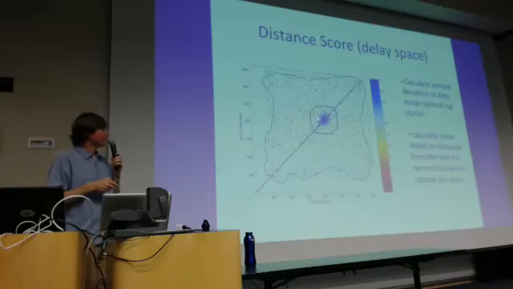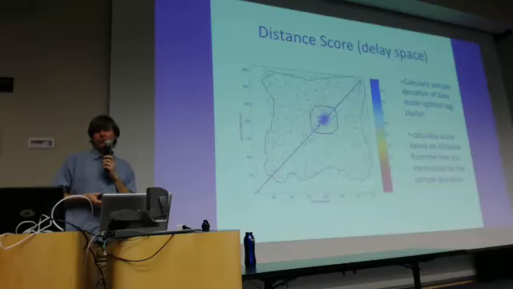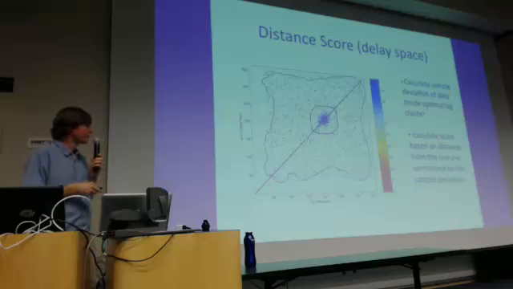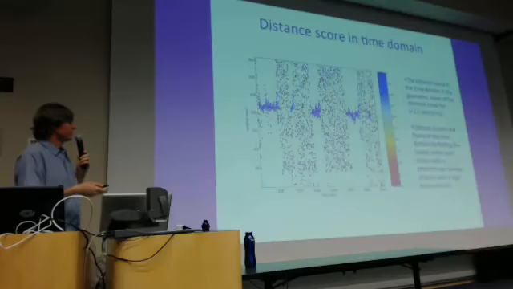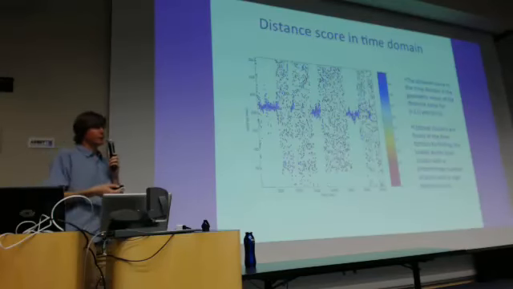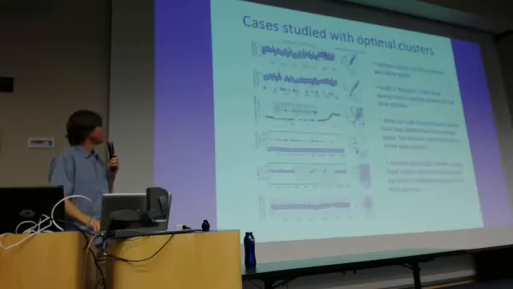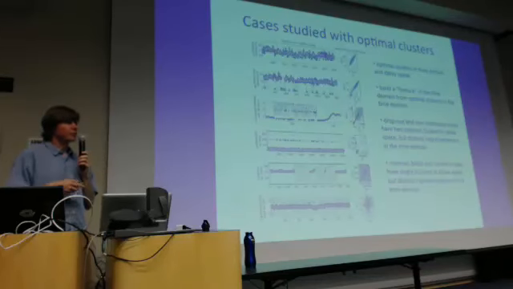So what we've done is find essentially an initial guess of what our good data is by looking at the delay space. Because if you had just tried to calculate a statistic based on all your data, it could be more skewed. So now you can translate that back into the time domain, and then use that to find optimal clusters in your time domain.